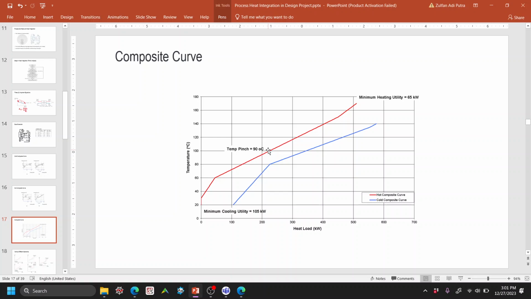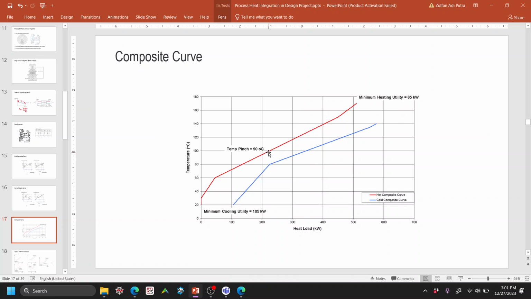You can see this is sent from 80 degrees C to 100 degrees C. The minimum distance is 20 degrees C, while other areas are bigger than 20 degrees C. If we go up and we go down, they are all bigger than 20 degrees C. The difference between the hot streams and the cold streams.